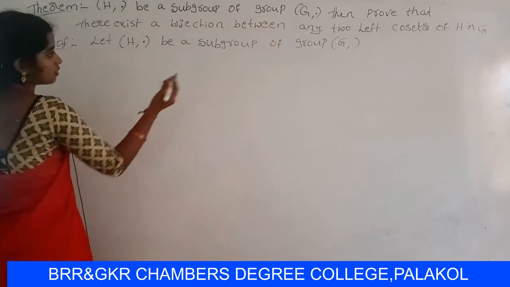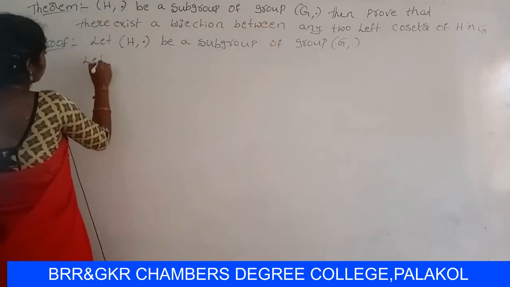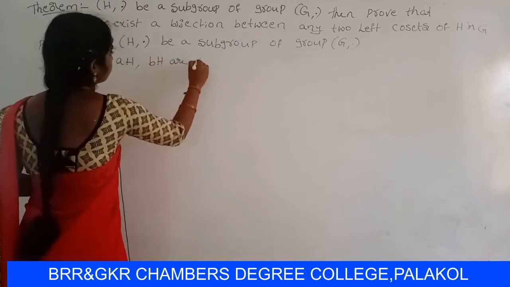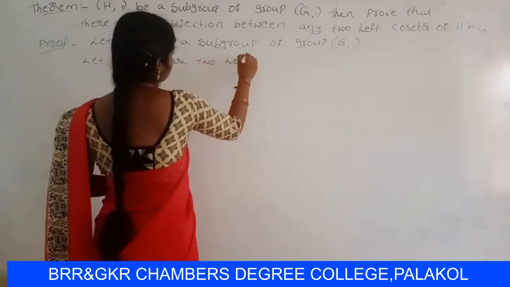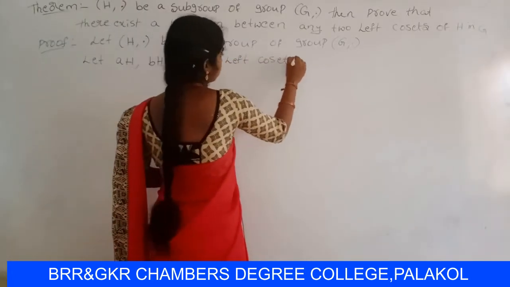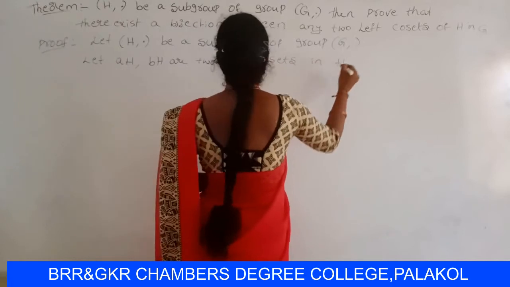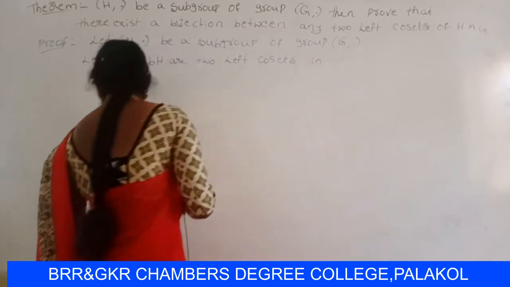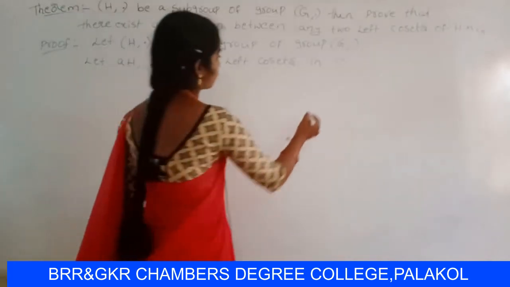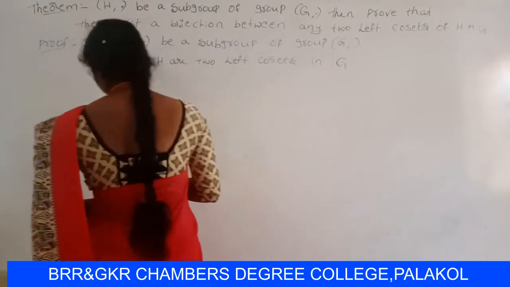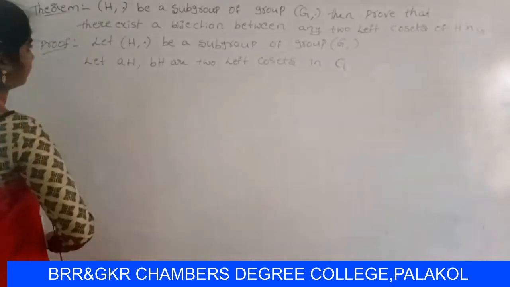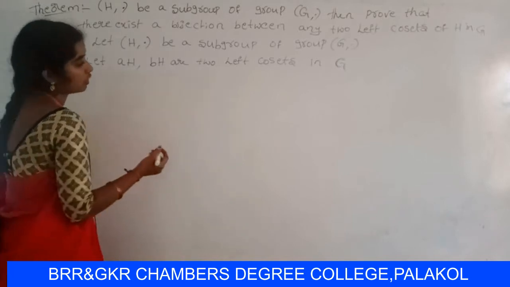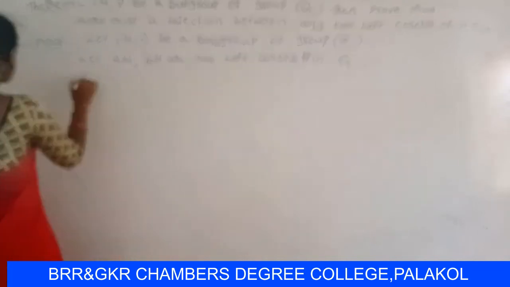So consider left cosets. Let aH, bH be two left cosets of H in G. So define a mapping.